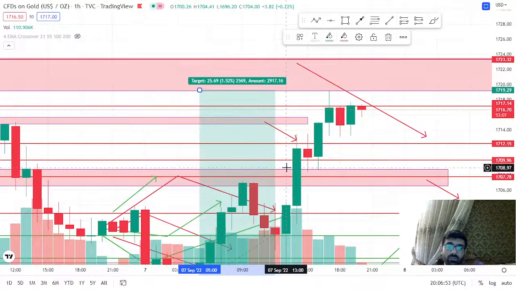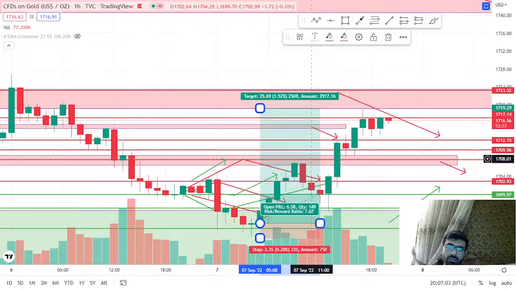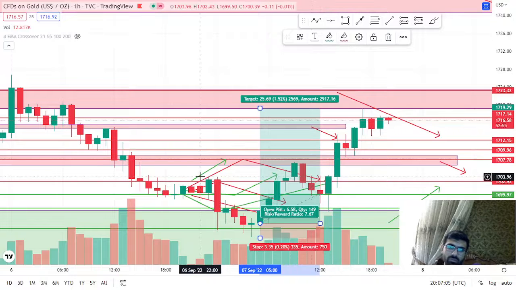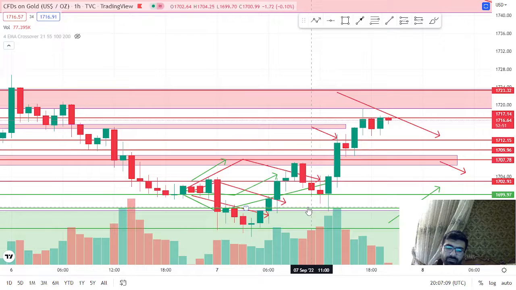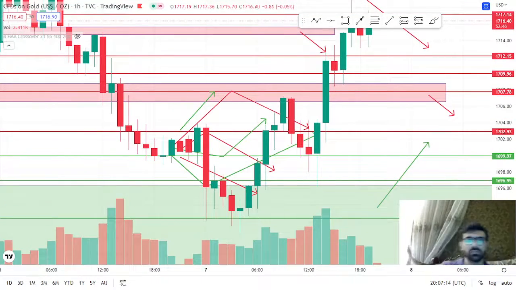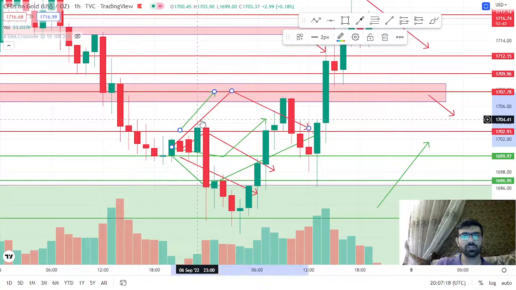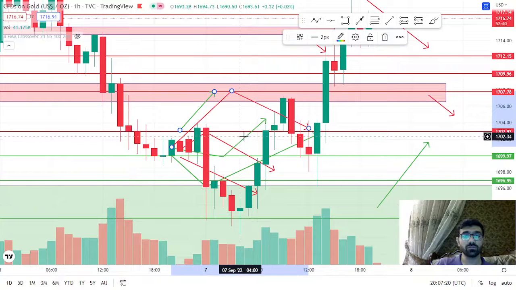Okay, so this is approximately 2.5% profit, 25% profit. Okay, oh sorry, this is approximately 7.6% profit mentioned over here. Okay, so now let me remove the previous day's setup so we can have fresh scenarios in place for you guys.